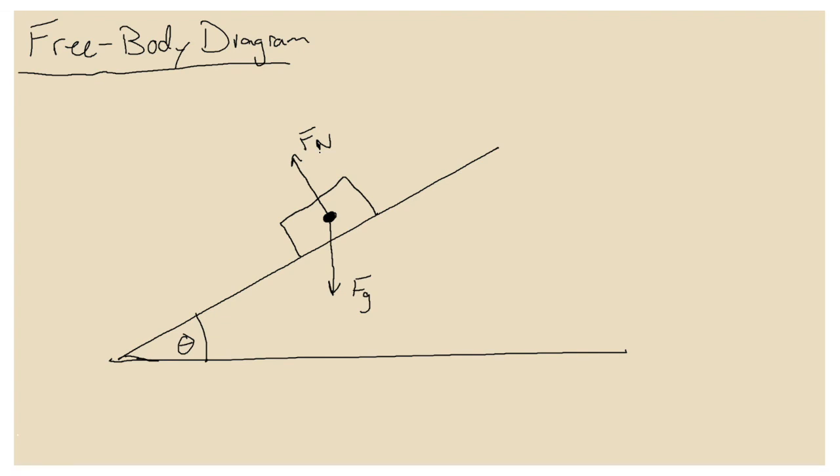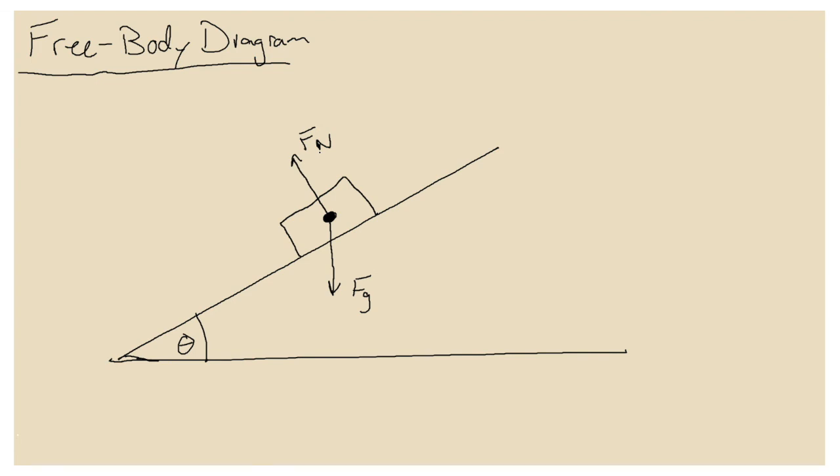Now, this diagram will look like this if there is no friction. However, if there is friction, it should be clear to everybody the direction of that force of friction. Because if it's static friction, then it's acting in the opposite direction of the force that's trying to make the object move.